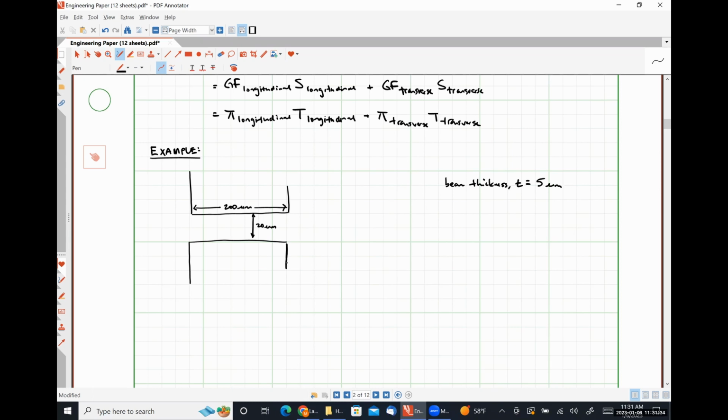All right, so attached to the end of the beam, I'm going to have a proof mass. Where the dimensions of my proof mass are 50 microns by 50 microns.